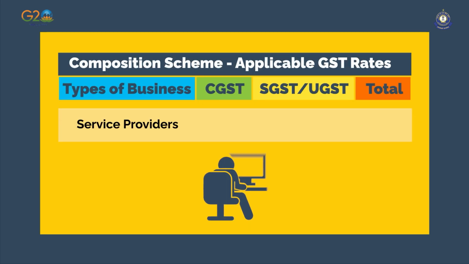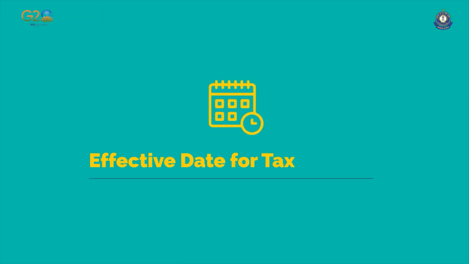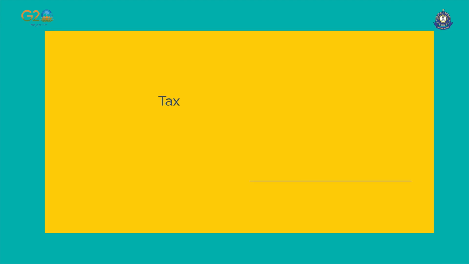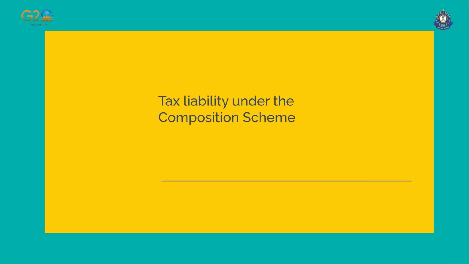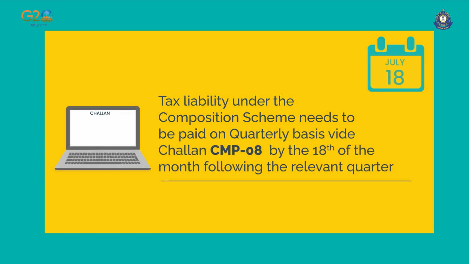This scheme is also available for an eligible service provider where tax at rate 6%, 3% CGST and 3% SGST or UTGST of annual aggregate turnover is payable. Tax liability under the composition scheme needs to be paid on quarterly basis via Challan CMP 08 by the 18th of the month following the relevant quarter.